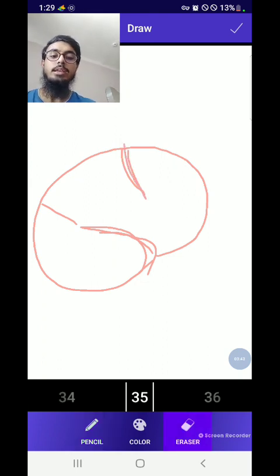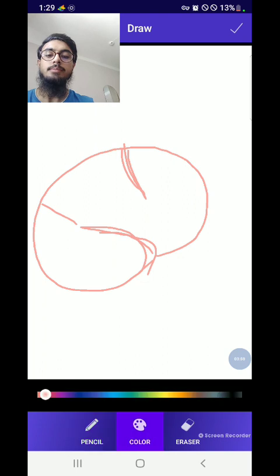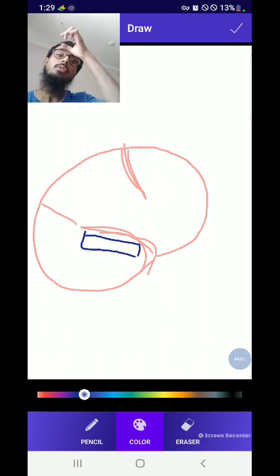The first area is just posterior and inferior to the lateral sulcus. This area is called the primary auditory cortex. Guys, you know, near the temporal lobe our ears are present.